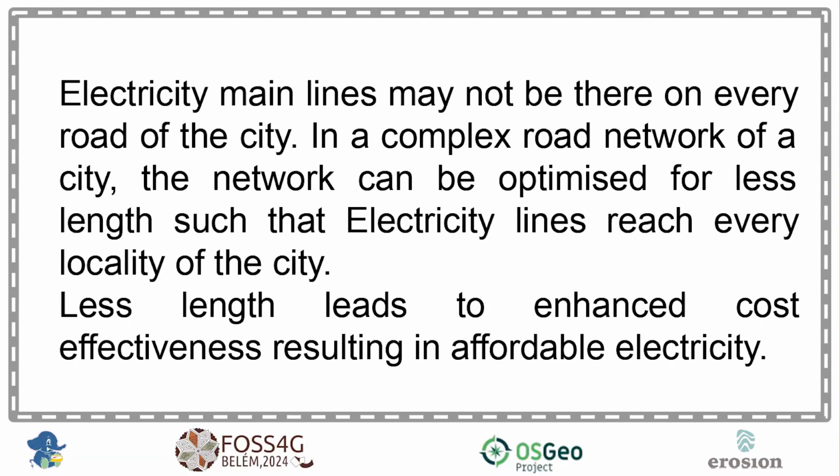We're going to have a small map, and we want to distribute electricity, but the main lines only, the ones that have the high voltage. So we're going to be using pgRouting not to route cars, but for another task that doesn't involve cars.